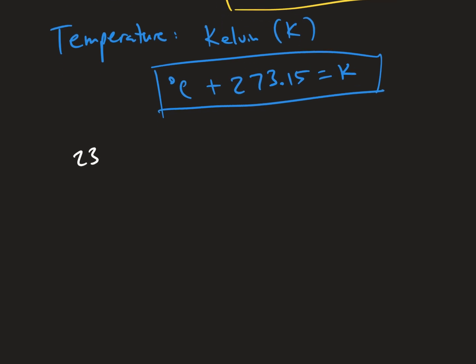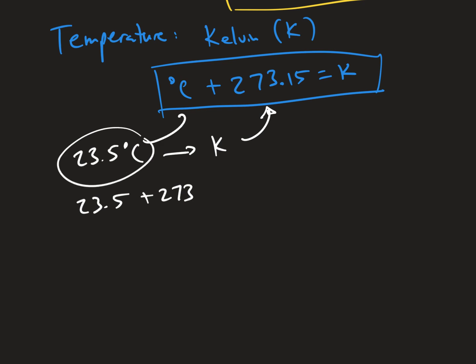We have 23.5 degrees Celsius, and we've got to convert that to Kelvin. So we're just going to plug it in this guy here. So 23.5, and we're going to add 273.15. So we plug the temperature in Celsius into the Celsius part, right?